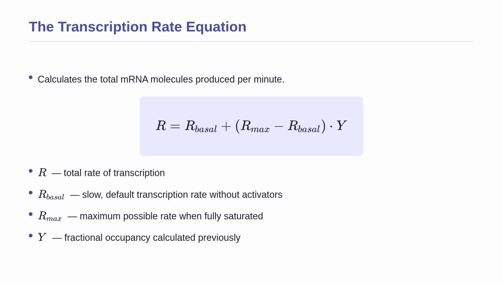R basal is the slow default speed at which the gene is read when no activators are present. R max represents the absolute speed limit, the maximum rate when every single enhancer is bound. Finally, Y is the fractional occupancy. In plain English, the actual rate is just the baseline rate, plus a bonus amount of transcription that depends directly on how many enhancers are activated.